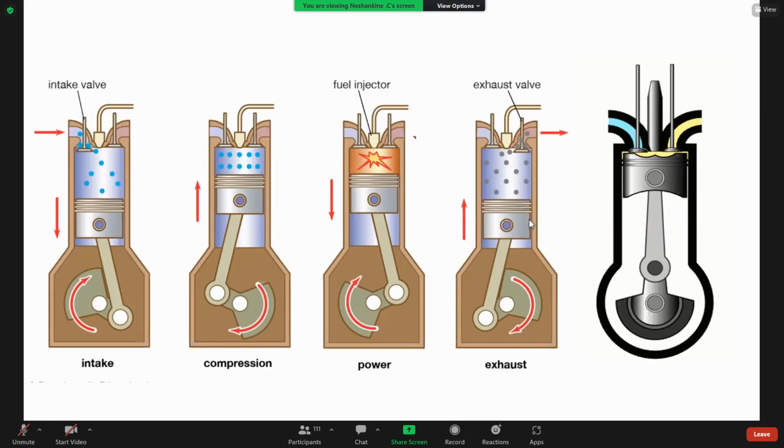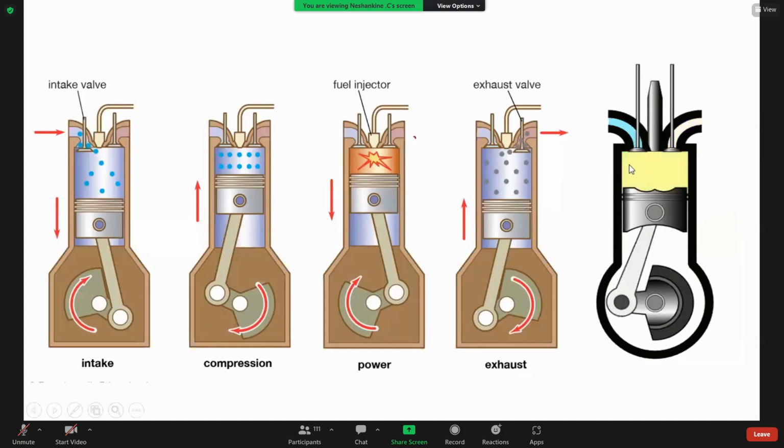The final step is exhaust. During this time, the piston moves upward. At that time, the exhaust valve will open. So, the burnt air and other things are sent out through this exhaust valve. This is what happens inside this diesel ignition system.